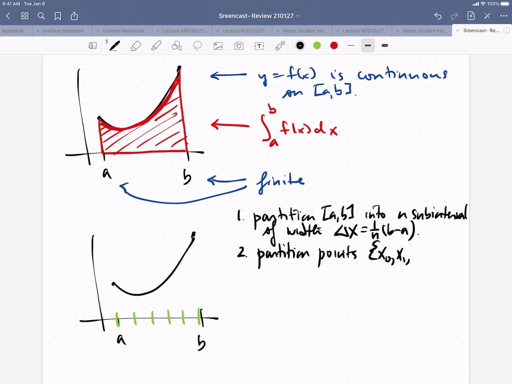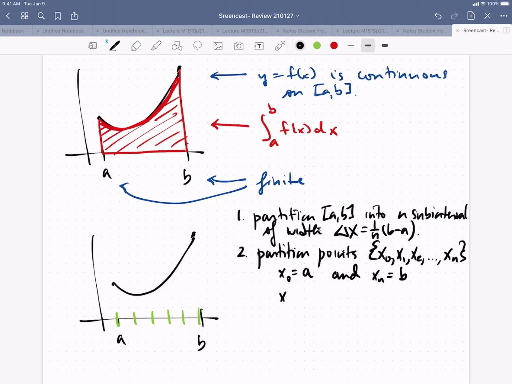So we get n plus 1 partition points when we have n subintervals. And it's always the case that x sub 0, your first partition point, is the leftmost endpoint of your interval, and x sub n, your biggest partition point, is the right endpoint of your interval.